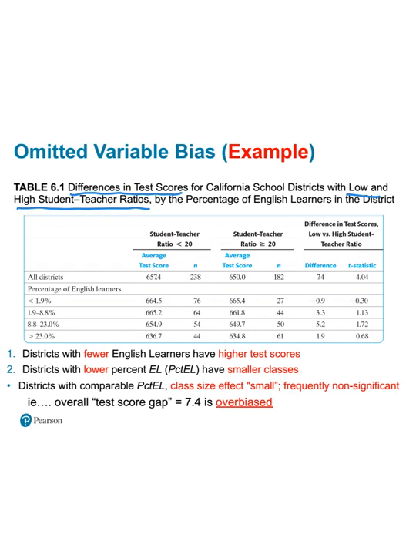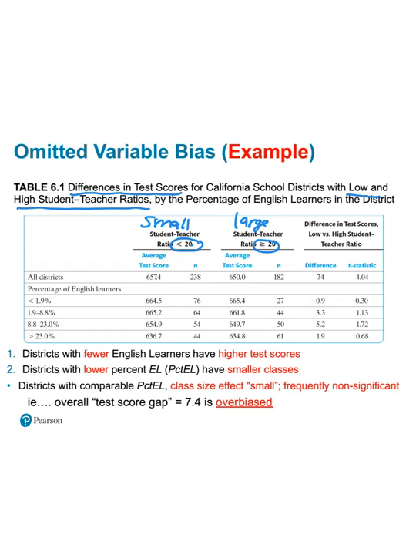Instead of having the student-teacher ratio increase incrementally by 1, we're defining a dummy variable: small classes if the ratio is less than 20, and if the student-teacher ratio is greater than or equal to 20, these are the large classes. So there are two groups, which makes it a little easier to compare.